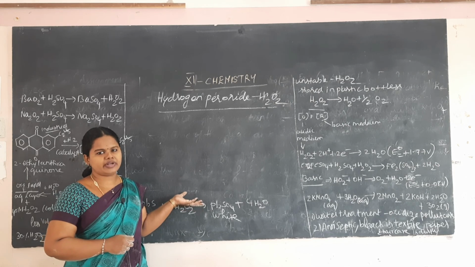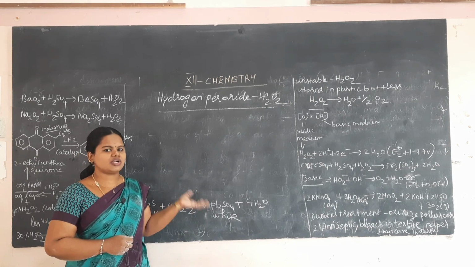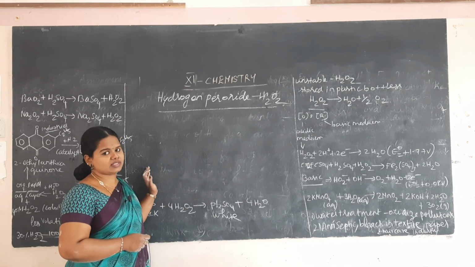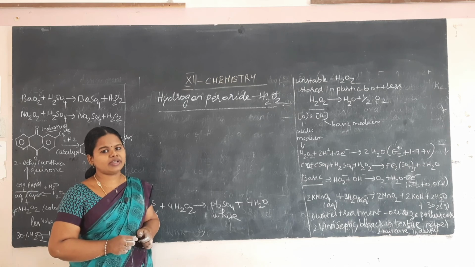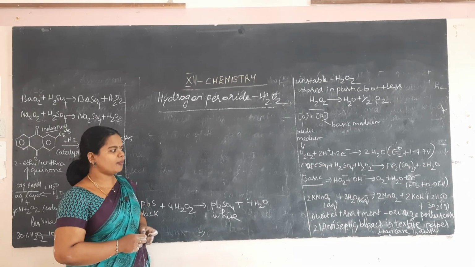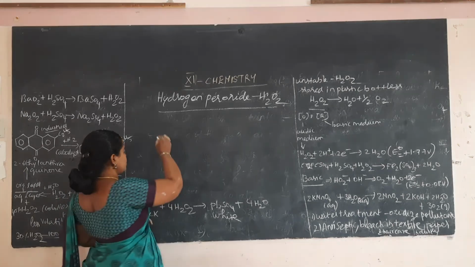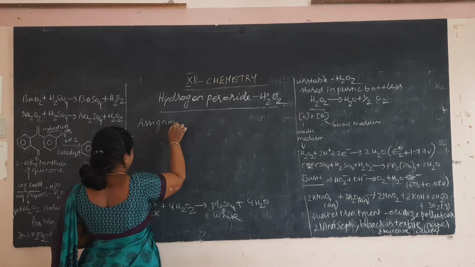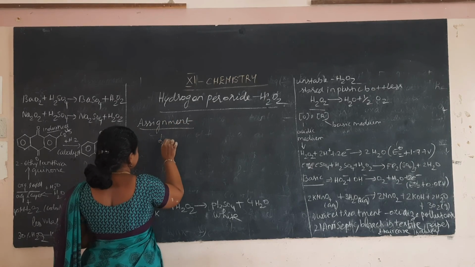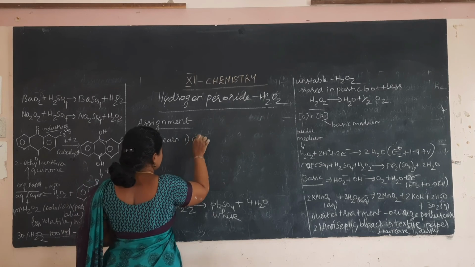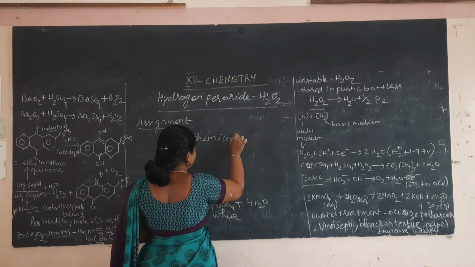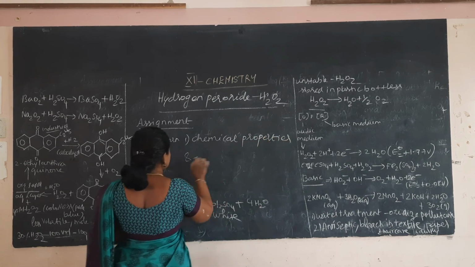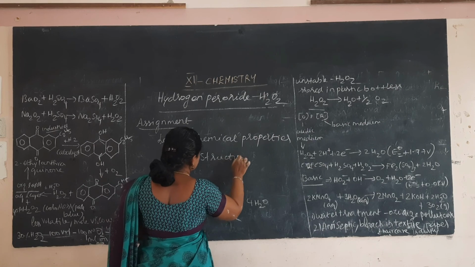Then the structure of hydrogen peroxide also, okay, you have to learn the structure of hydrogen peroxide. Okay, so that is your assignment. So for your assignment, you learn the chemical properties and structure of hydrogen peroxide.